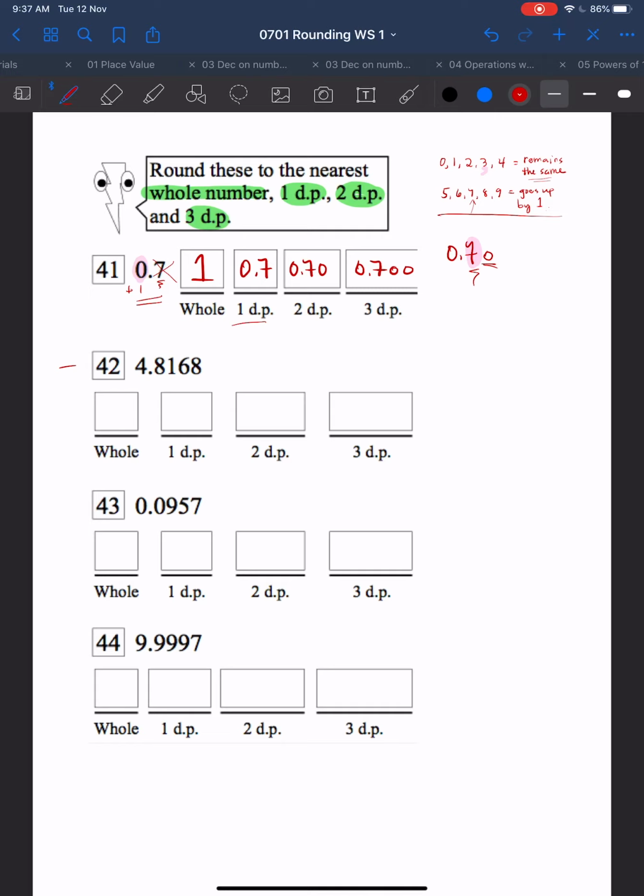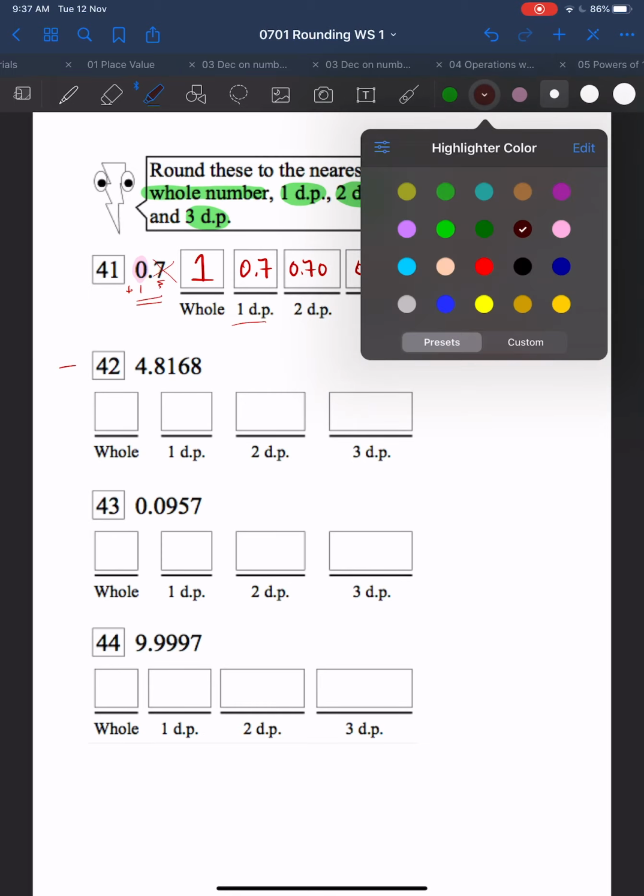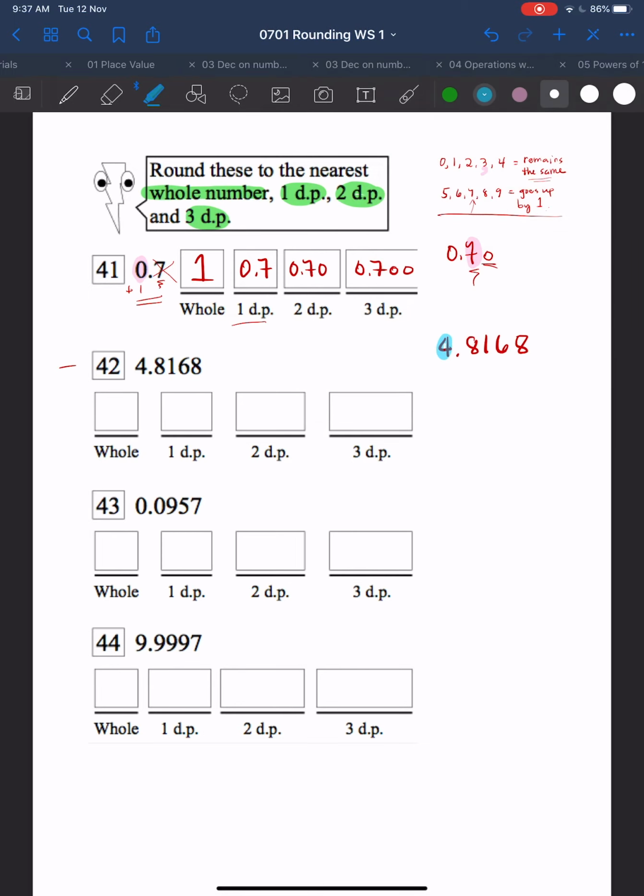Whole number. So let's look at this. 4.8168. And what digit is in the whole number? Which one is it? Let me just change the color. It's 4. The next digit to 4 is 8.